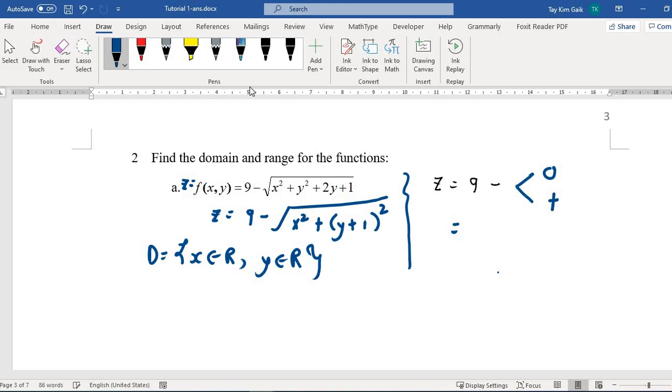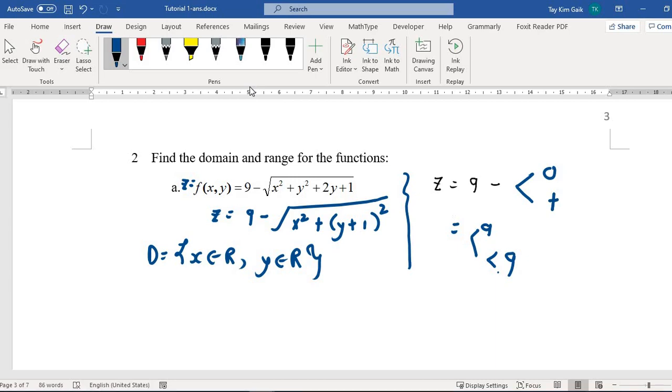So 9 minus 0, we have 9. 9 minus a value which is positive, you get a value less than 9, right? You minus a positive value, you get a value less than 9, because 9 minus something.